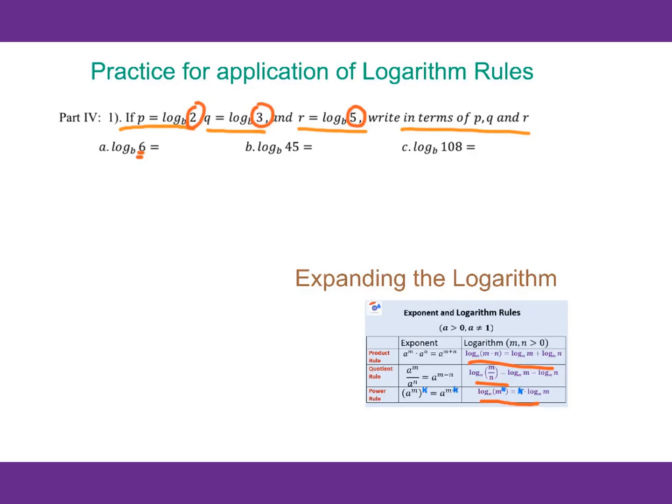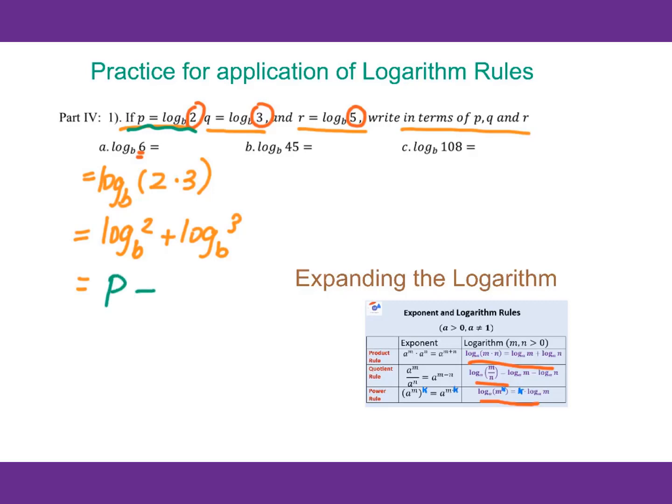For example, 6, I can write down log base b of 2 times 3. Therefore, expanding, log base b of 2 plus log base b of 3. Then last step, plug in. You get p plus q.